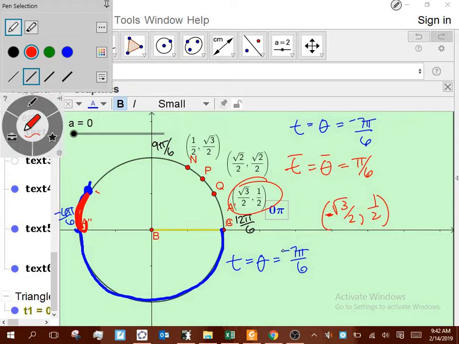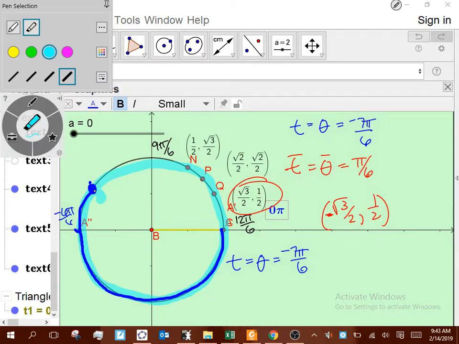So I trace out -7 pi over 6, and that would be to there, right? So from that spot, add 2 pi. Adding 2 pi would be moving this direction again. Does it get you back to that same spot?